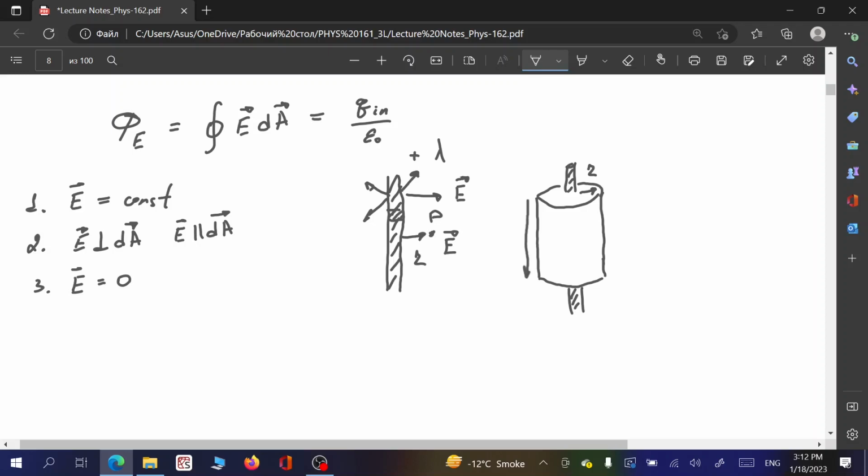So let us consider some length of this cylinder, L. Let's call the end surface 1, and here we have surface 2. We do not consider these surfaces 1 and 2, the ends of the cylinder, because in this case the electric field vector is perpendicular to the dA1 and dA2 vectors.